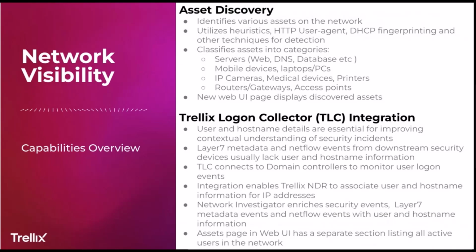One is doing the asset discovery, and the other is also leveraging the Trellix login collector. And so this allows us to not only identify assets and classify them on the network, but also the user and host name details along with that.